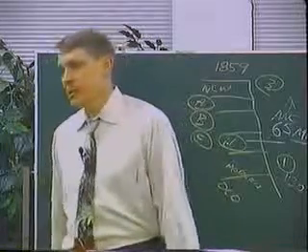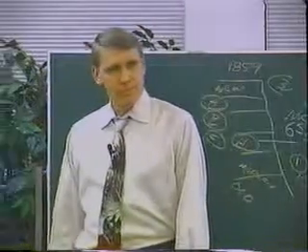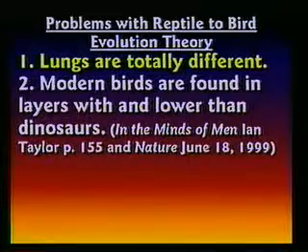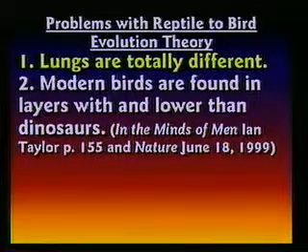Here are the problems that I see. The lungs are totally different. Modern birds are found in layers lower than dinosaurs. According to them, dinosaurs died out 65 million years ago, yet they're saying we've got birds 130 million years old, 140 million. How can dinosaurs turn to birds when birds are there before dinosaurs were even gone?